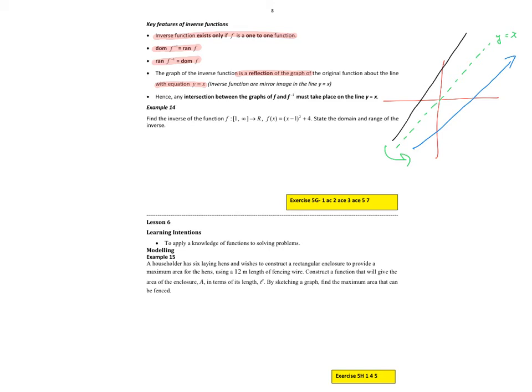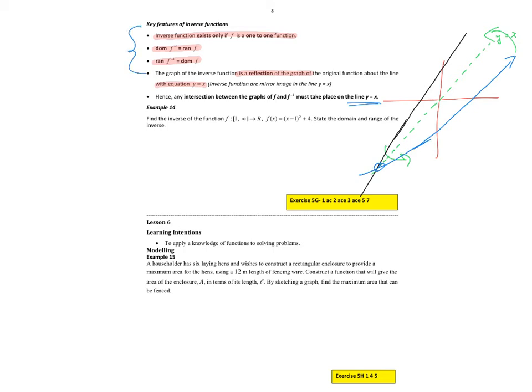If I flip these about that line, they're a reflection. Okay, so that's what that means. The point of intersection, if I extend this line out, if we do our graphs accurately, is always on the line y equals x. That's what that one says. All right? So they're important, but the key ones here for us are those top three.